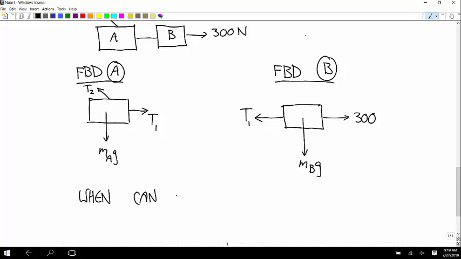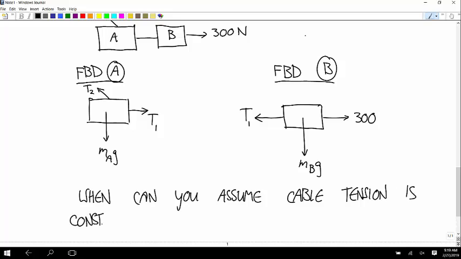When can you assume that the cable tension is constant along the length of the cable?